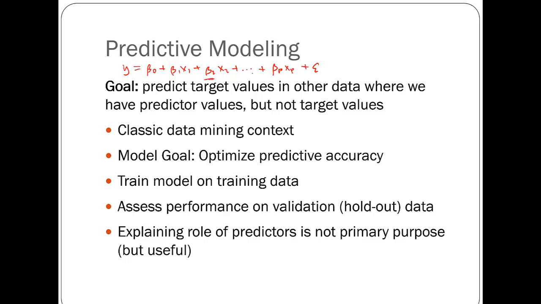And so we do basically the same thing in predictive modeling that we did in explanatory modeling on the training data. We take the model that best fits that, and then we apply that to the validation data, and that is what really tells us how good our model is, and that helps us to understand things like how much overfitting we're doing and that sort of thing.